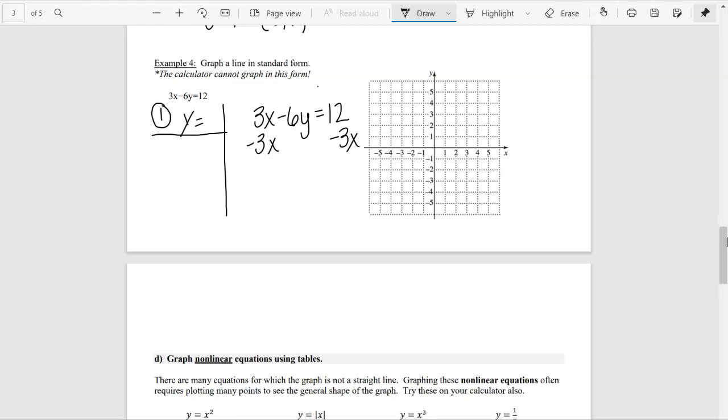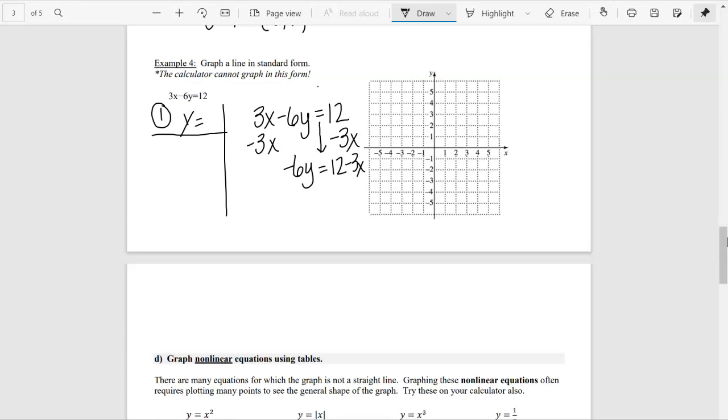We're keeping this equal sign lined up. So 3x minus 3x is nothing. Negative 6y is equal to 12 minus 3x. Those are not like terms. They don't go together, so I have to list them separately. 12 minus 3x. We can't do 12 minus 3 is 9, because these things don't go together. I'm almost there.